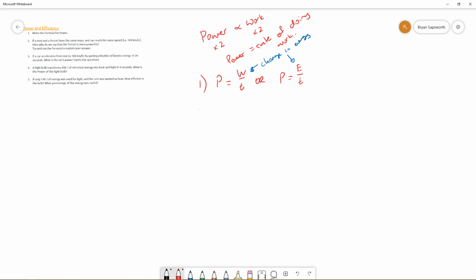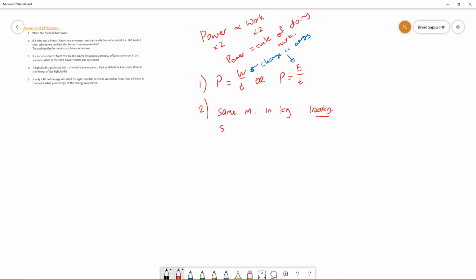Now, if we go to number 2 there, if a Mini and a Ferrari have the same mass, remember this is in kgs, imagine they're both 1,000 kgs and can reach the same speed.